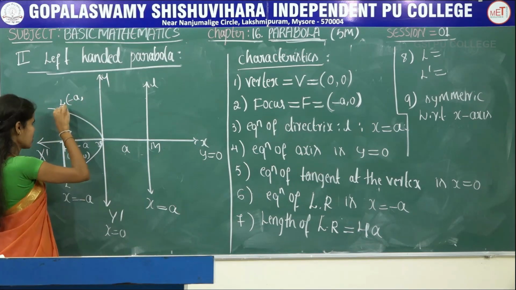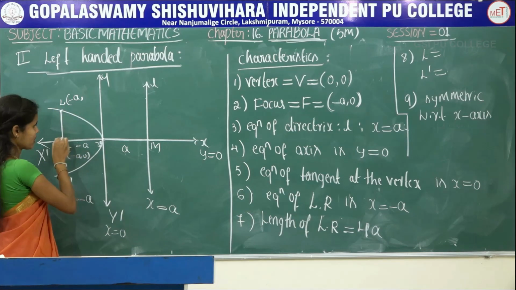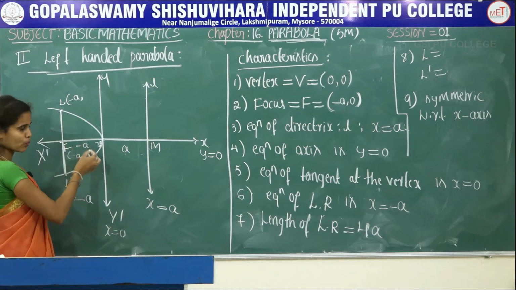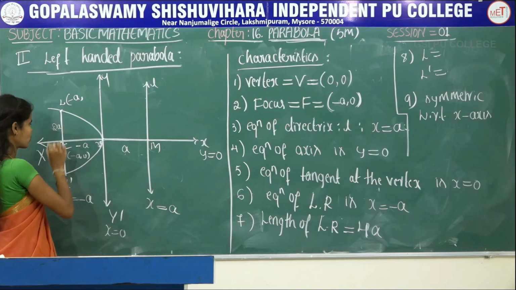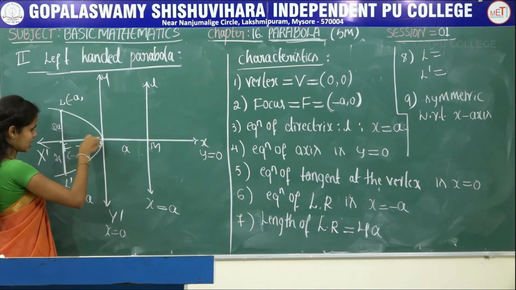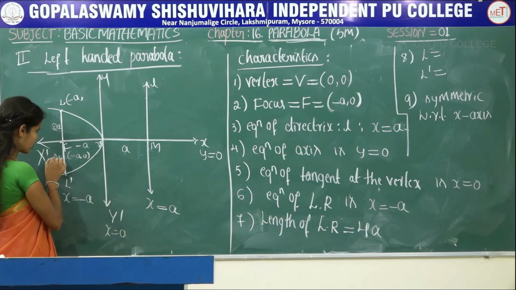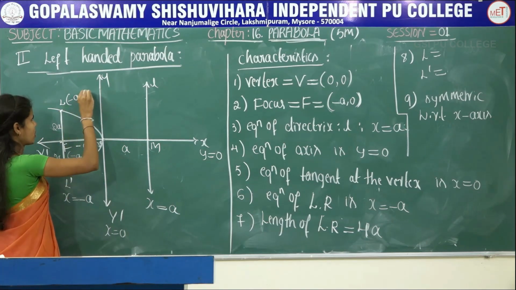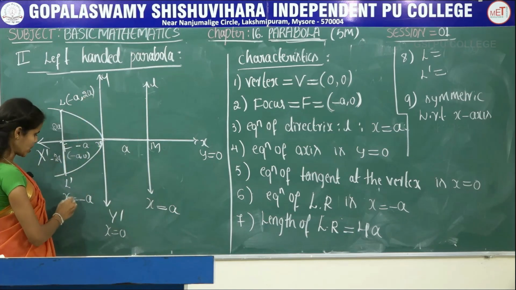Y coordinate means perpendicular distance from the x-axis. Length of latus rectum is equal to 4a, therefore this distance is equal to 2a. FL is equal to 2a, and FL dash is also equal to 2a, but here we measure along negative y-axis, therefore this distance is equal to minus 2a. Here y coordinate of L is plus 2a.